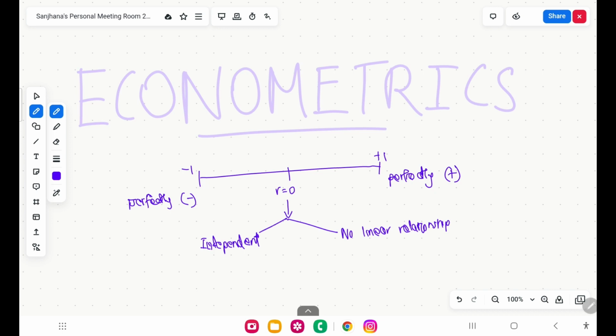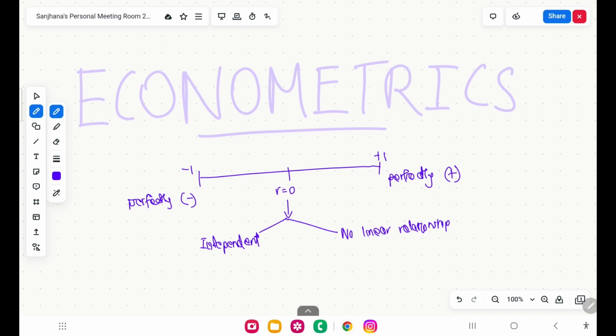It can be that the two are actually related in the real world, but not through a linear relationship. Or, when r equals 0, we can interpret that in the real world there is no relationship at all, meaning they are two independent variables.